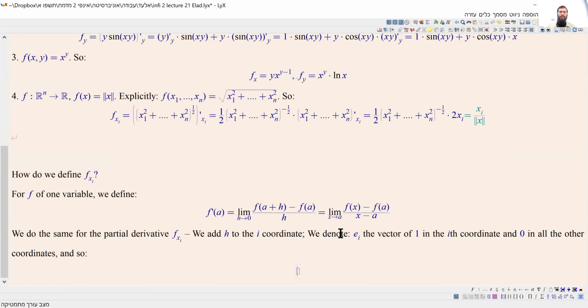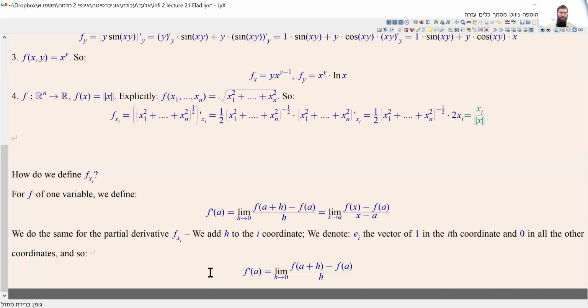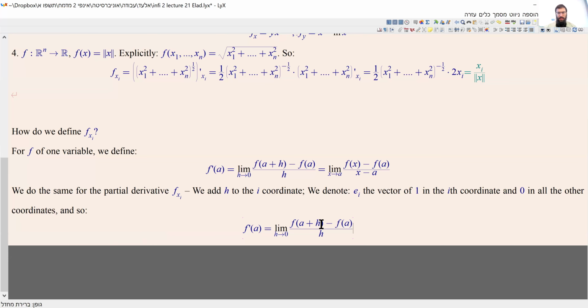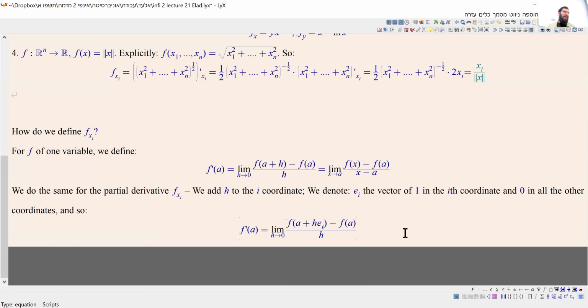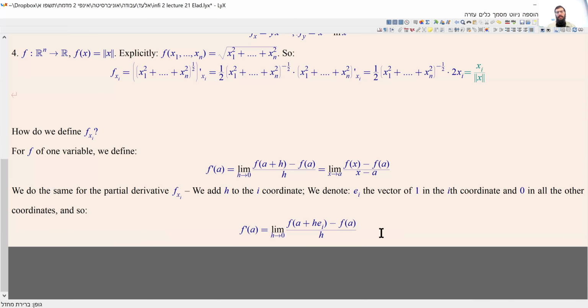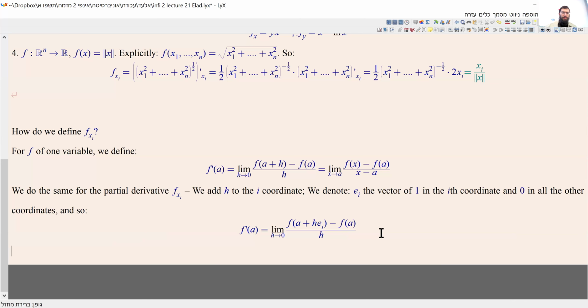And so the derivative of f at a, which is now a point of R^n, a vector, is the limit where h goes to 0 of f(a + h e_i) minus f(a) over h, in order to add this h only in the i coordinate.